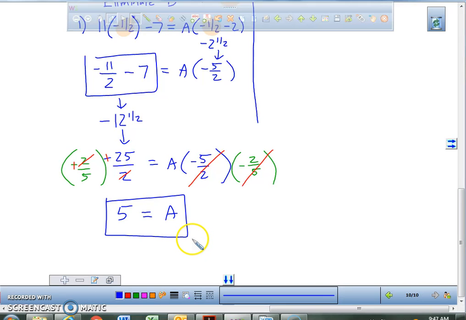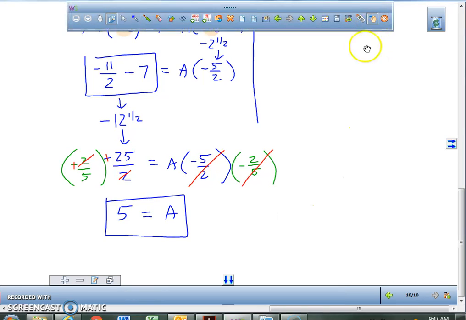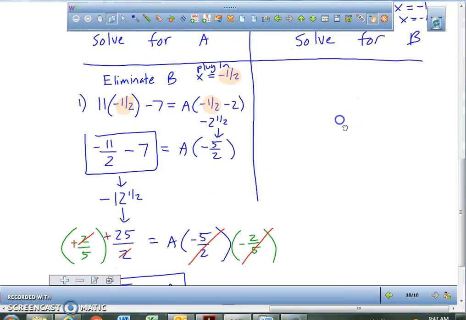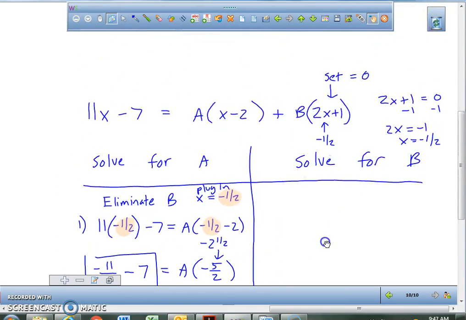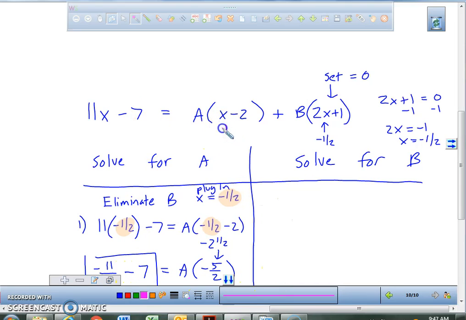Now this one is more difficult because we had to plug in a negative half. It wasn't just a nice easy number to plug in. The other one is a lot easier. I'll do this one in purple. What number do I need to plug in to eliminate A?